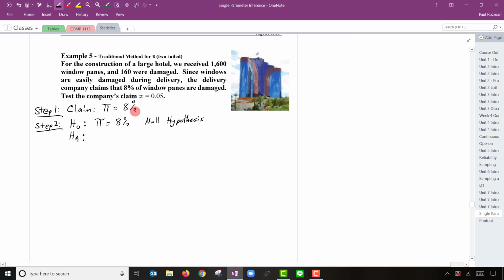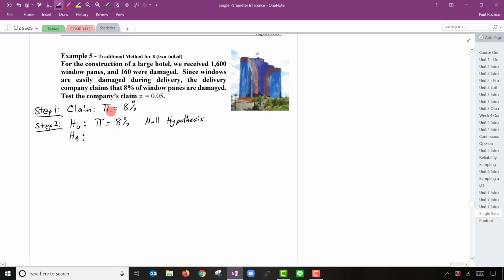The claim isn't always the null hypothesis. It is for this one. If the claim includes an equal sign, and by an equal sign I mean any kind of equal sign, less than or equal to, greater than or equal to, or a hard equal to, then the claim is the null hypothesis.